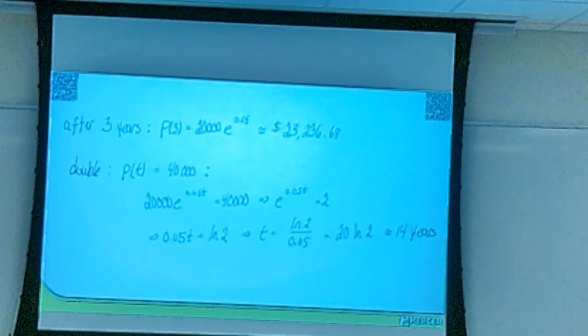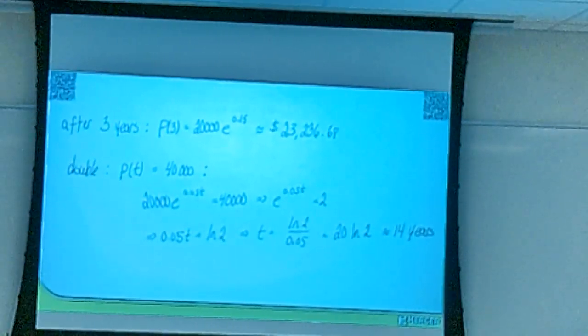Lifetime S&P is 10% a year. So you just replace 0.05 with 0.10. Notice actually, the original amount is irrelevant for doubling time. You're always going to wind up with your e to the power has to be 2 for doubling time. So it's purely on the interest rate, not the amount.